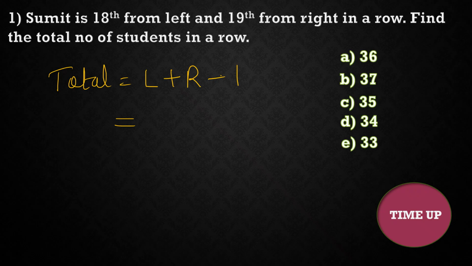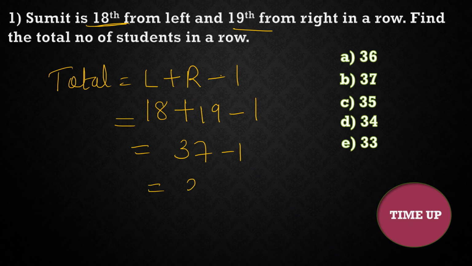So left is 18th from the left, so 18, plus 19th from the right, 19, minus 1. Correct? So 18 plus 19 will be 37. 37 minus 1 will be 36. So 36 will be your answer. I hope you got the concept for finding the total number of students.